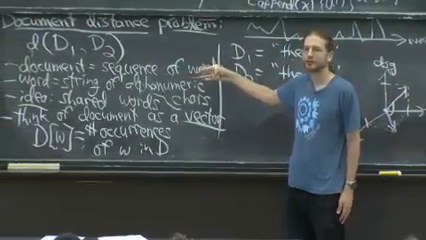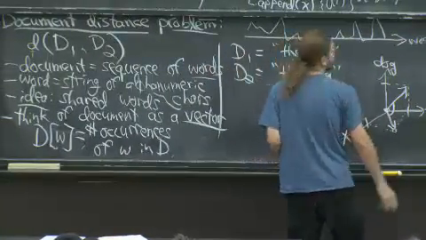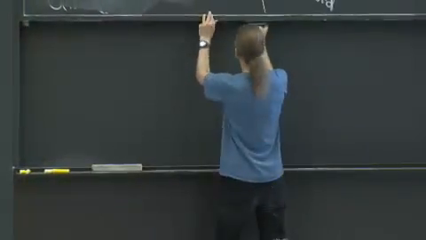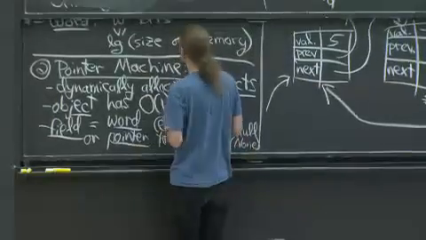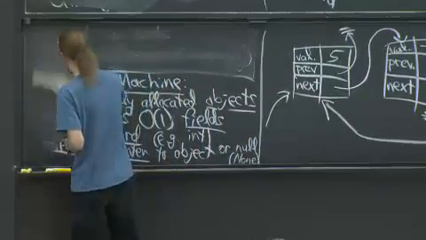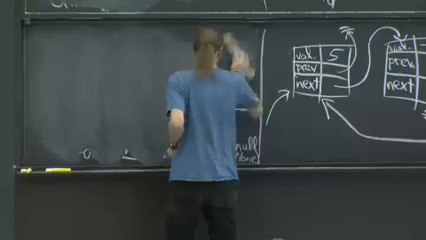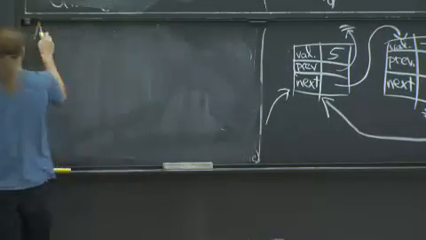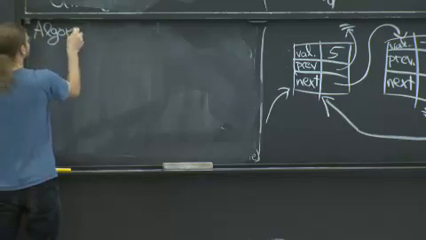I also need to decompose a document into a list of words. So there are 3 things I need to do. Let me write them down. So a sort of algorithm.